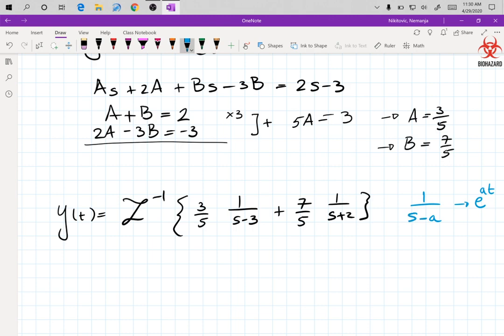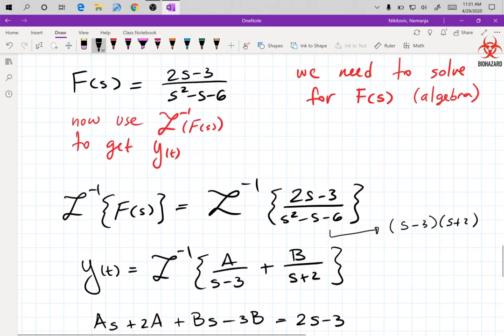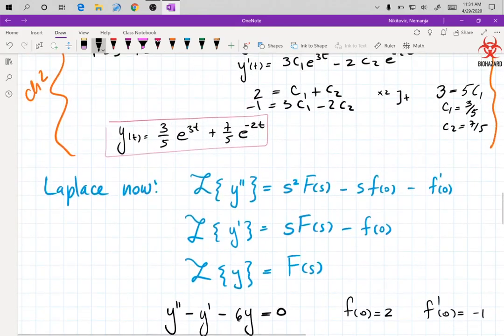So y of t is 3/5, and now inverse Laplace of this, your a is 3, so e to the 3t plus 7/5 e to the negative 2t. There it is. So that's the same as the answer we had here.